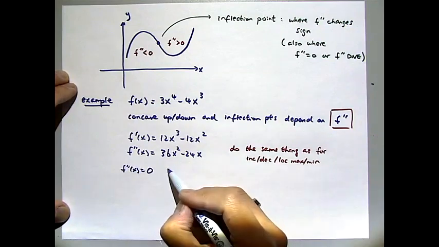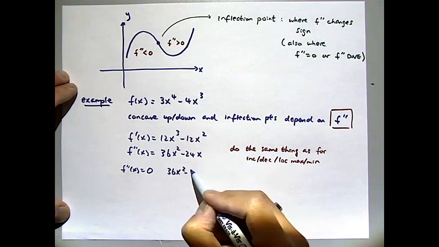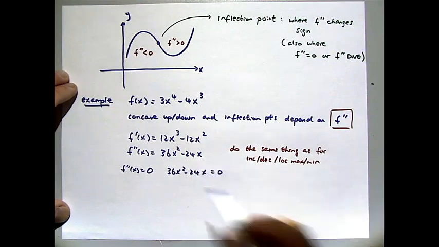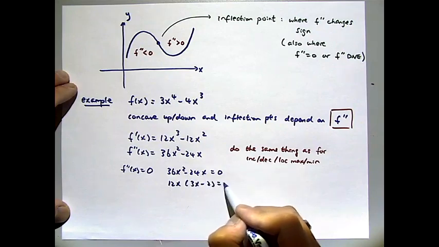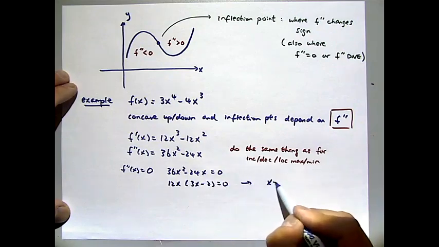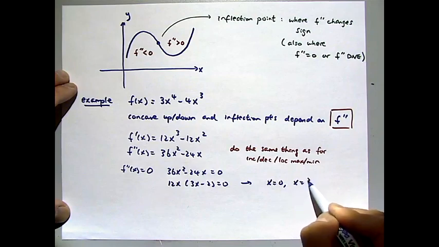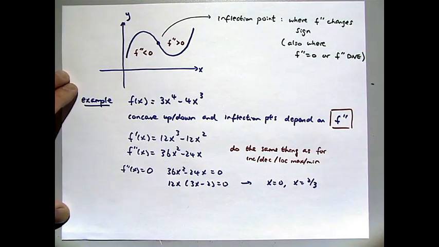All right, we make that equal to 0. Factor out 12x. So we get x is equal to 0, and x is equal to 2 over 3.